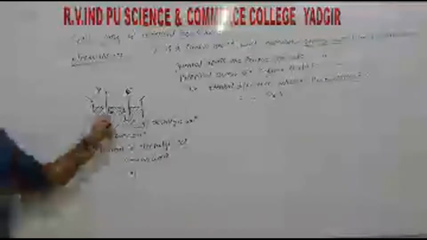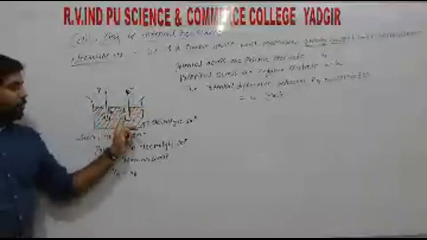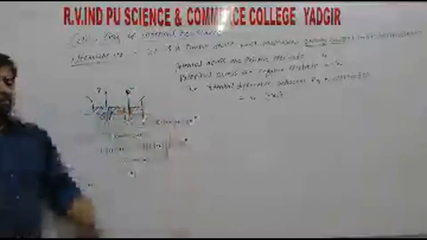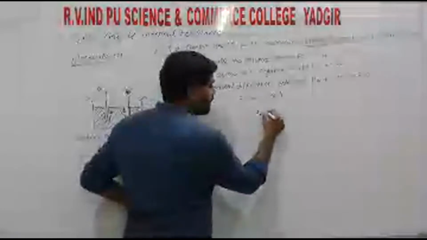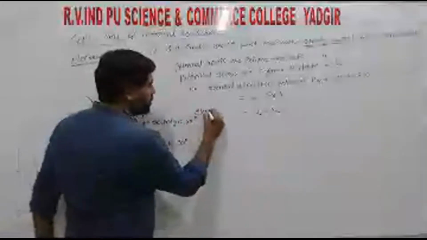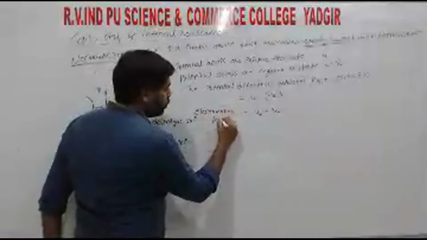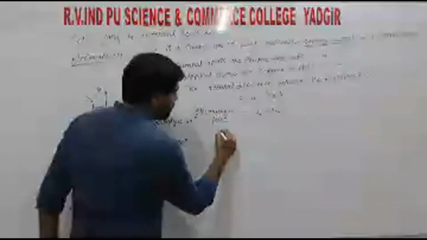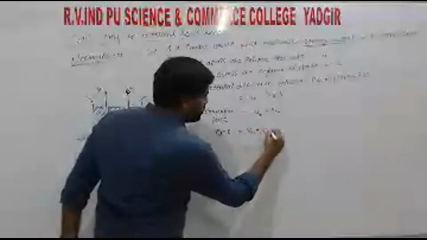So the potential difference between P and A and N and B, we can write as V plus minus V minus. This potential difference we call the electromotive force, simply EMF, which equals V plus minus V minus.